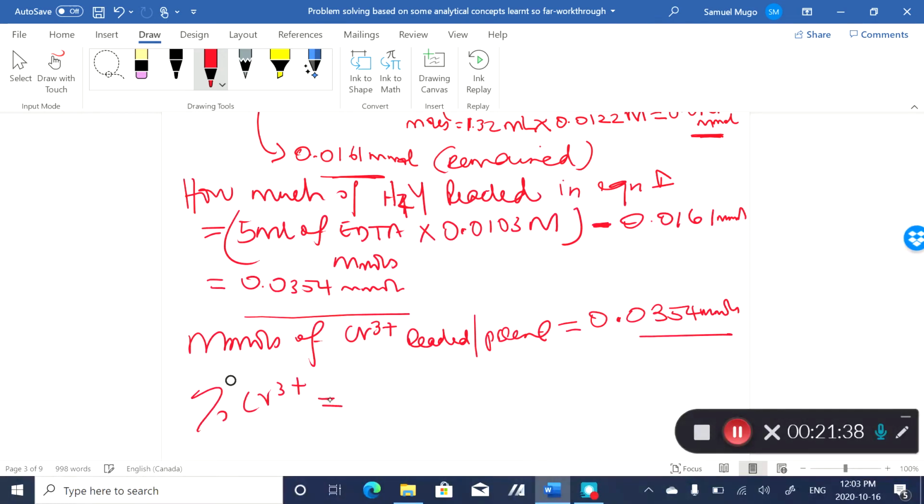And to do that, you need to calculate the mass of the chromium. The percent chromium would be the mass of chromium 3+ divided by the mass of the sample, times 100. Okay.